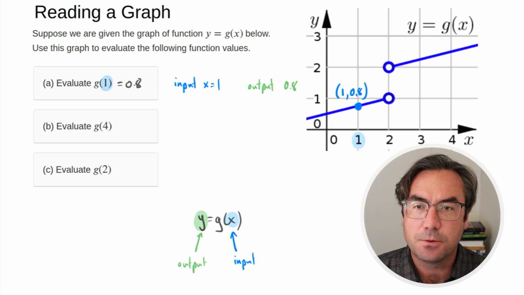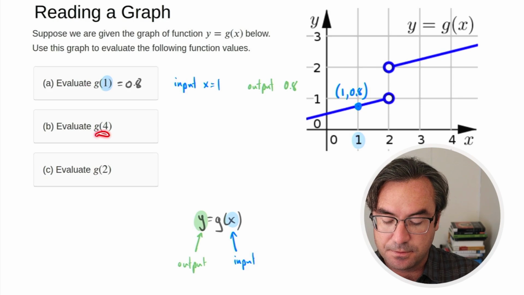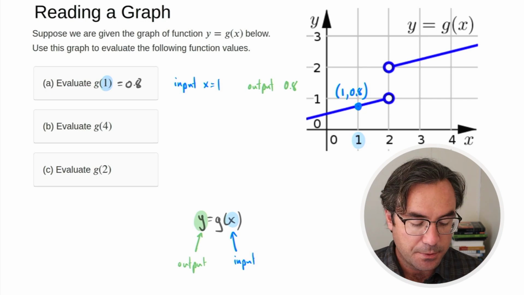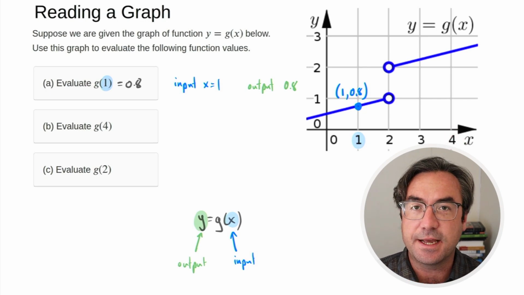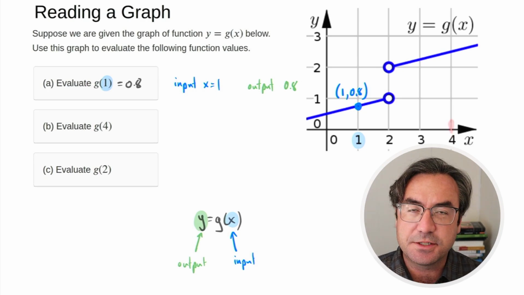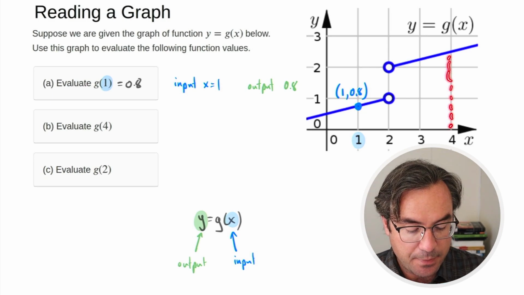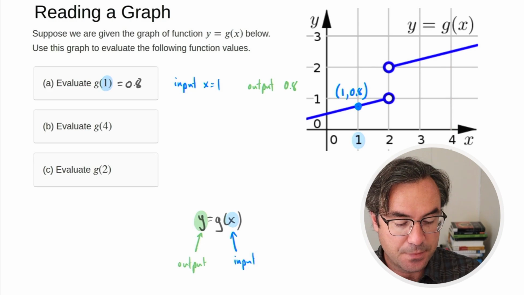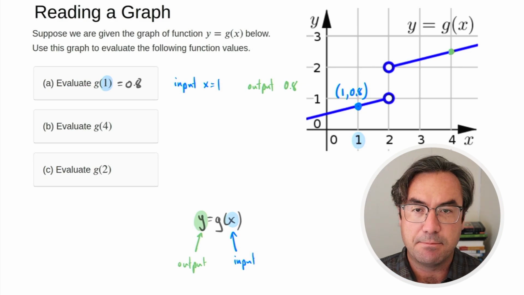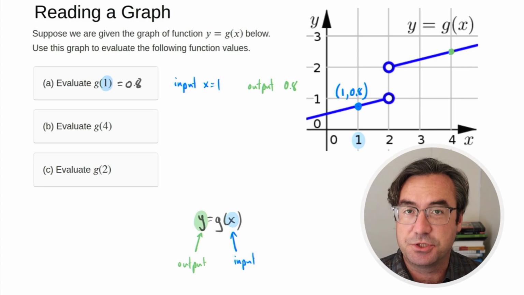Okay, so with that in mind, let's think about what happens when we plug x equals 4 into this function. Again, we find 4 on our x-axis. There it is. And then we look up or down until we see the corresponding point on the graph. So we go up, up, up, and then we see our point on the graph. For this second point, let's interpret the geometric coordinates.